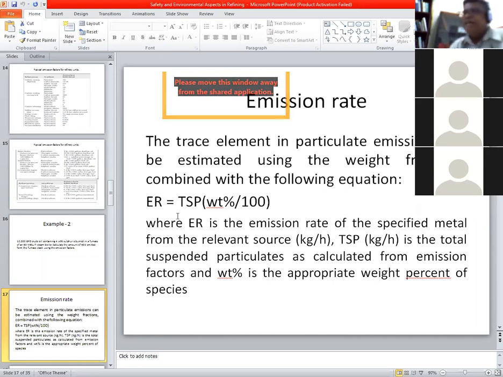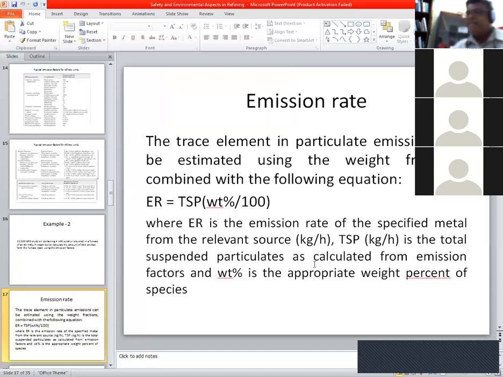So the formula is like that: ER equals TSP times weight percentage over 100. Now, what is ER? ER is the emission rate. TSP is actually total suspended particulate.